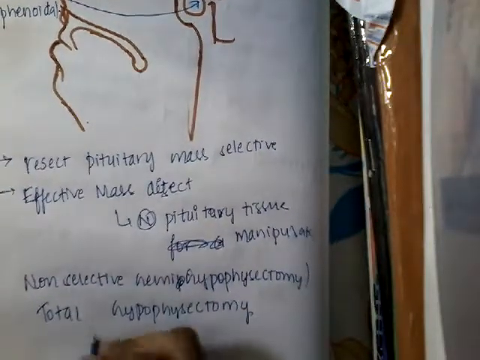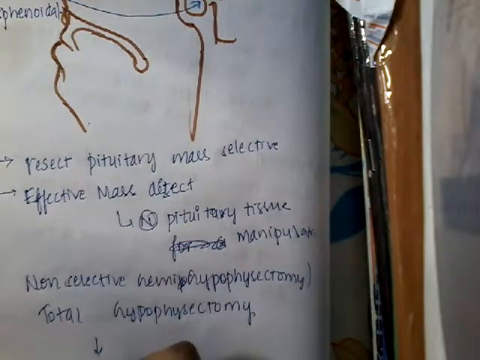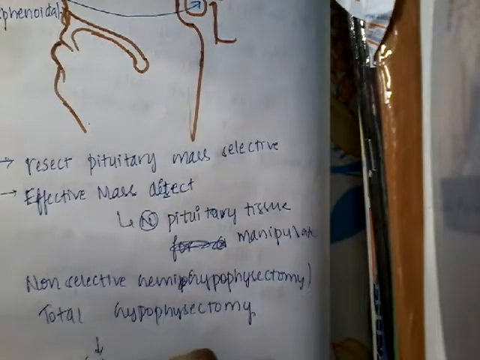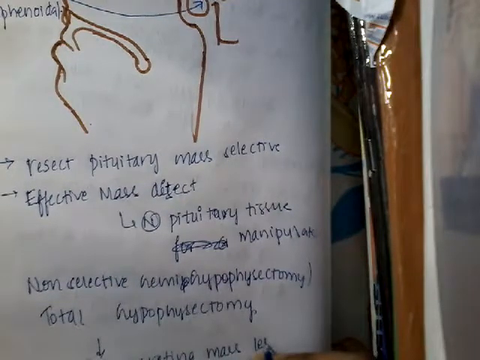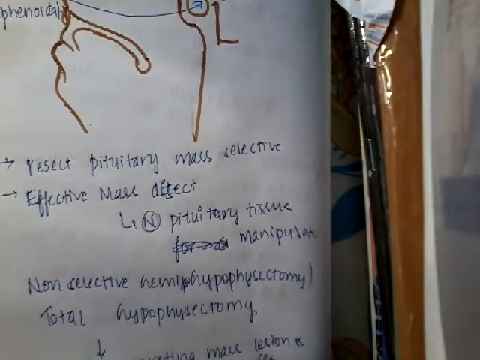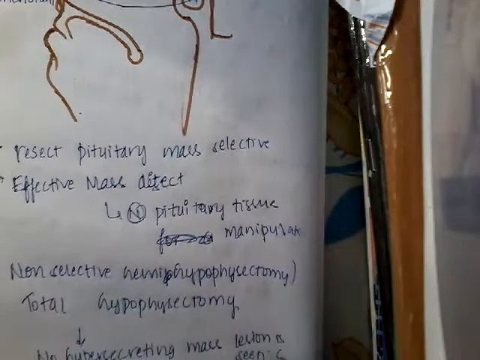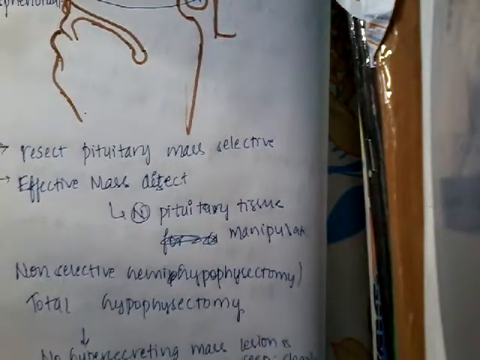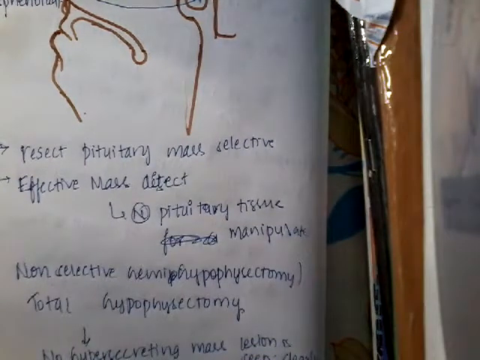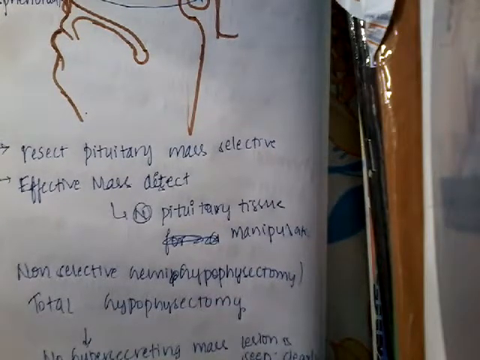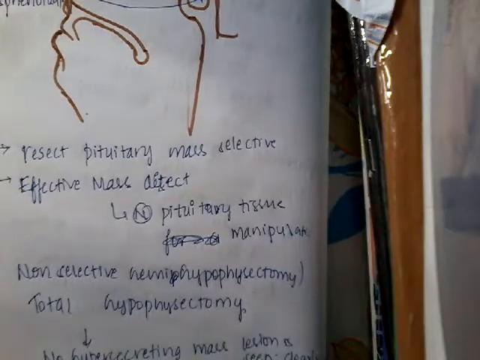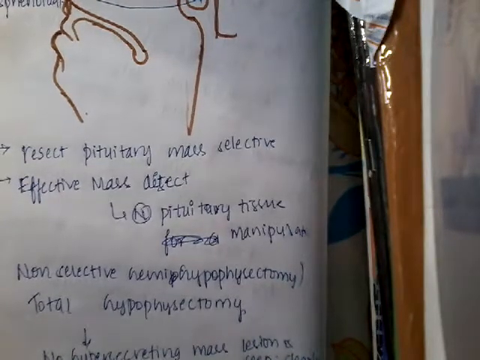This can be indicated if no hypersecreting mass lesion is seen clearly, because we don't know which mass is secreting, and the remaining non-tumorous tissue has become necrotic. Then you do this, or else you will try to preserve the pituitary gland.